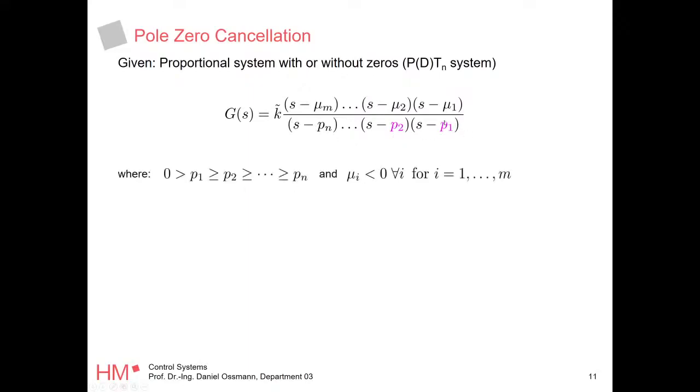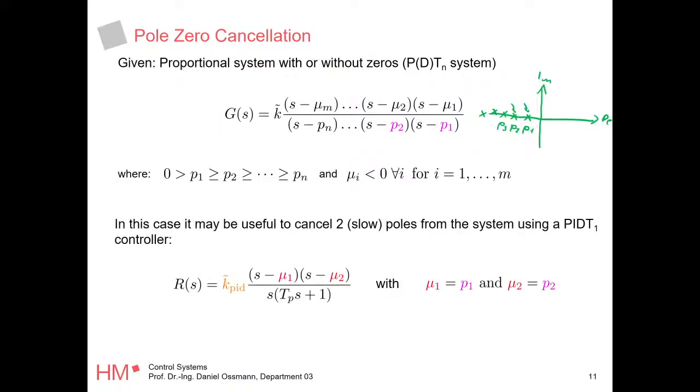And the poles are ordered so that this one here is the slowest pole, right? If you want to draw that in a pole zero map, where you have the real part and the imaginary part, it would look like this with the poles. So this would be P1, P2, P3. We know that these are the slowest ones because they are closest to our origin. Okay?